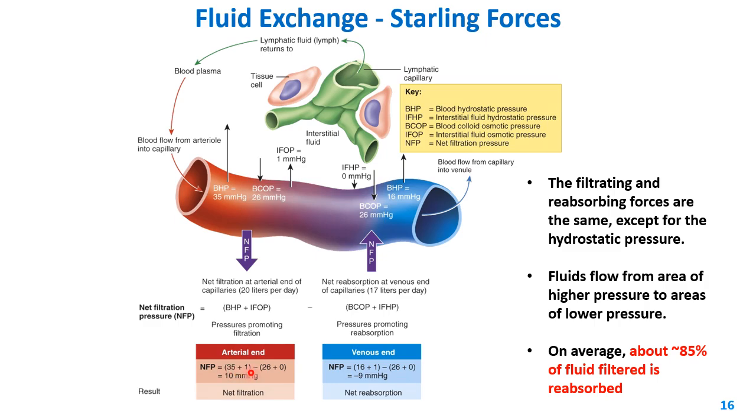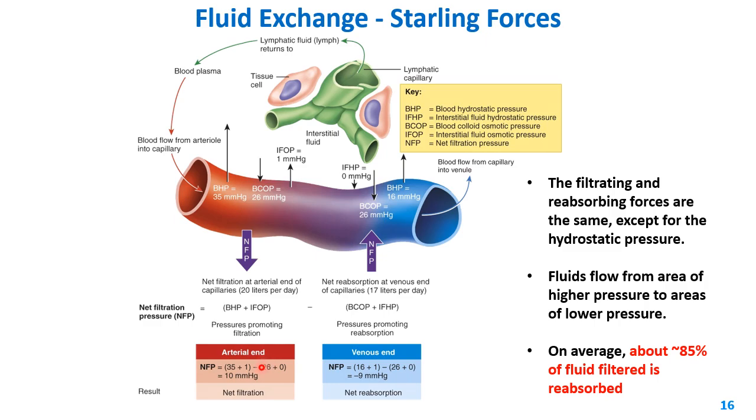That is the osmotic pull. What is going against the filtration is going to be your osmotic pull from the blood, and your hydrostatic push from interstitial fluid. So that is going on the other side. These two are going this way, the other two are going the other way.